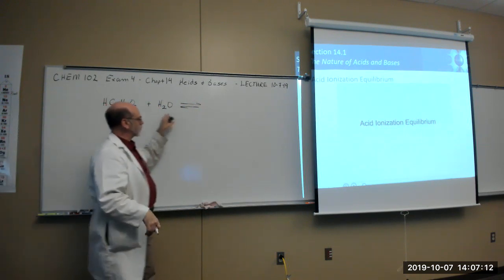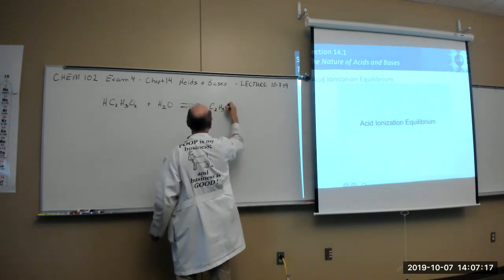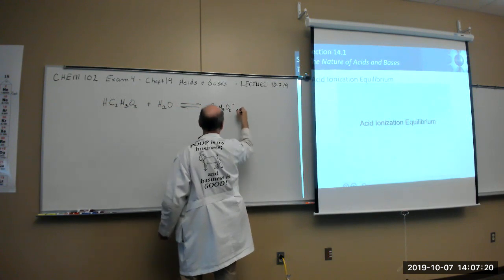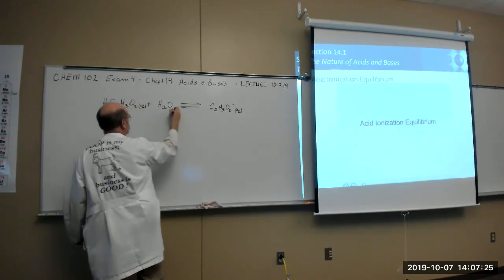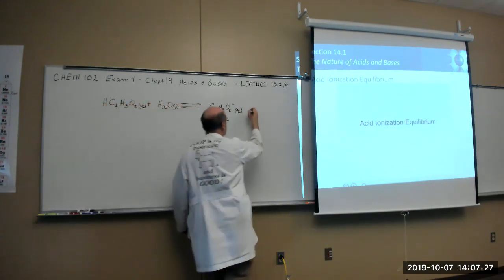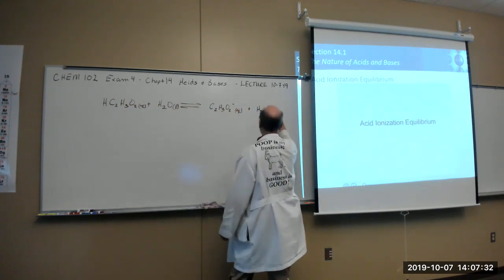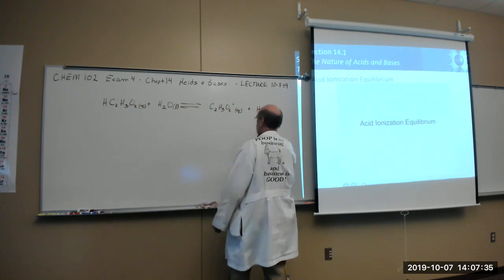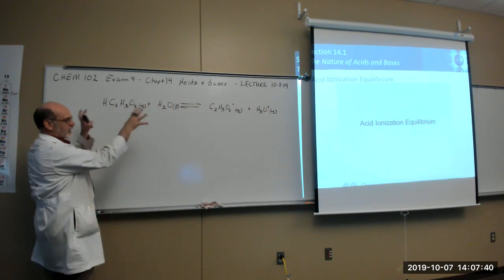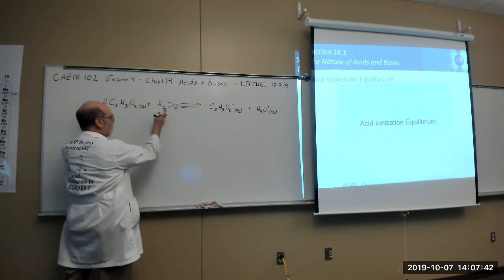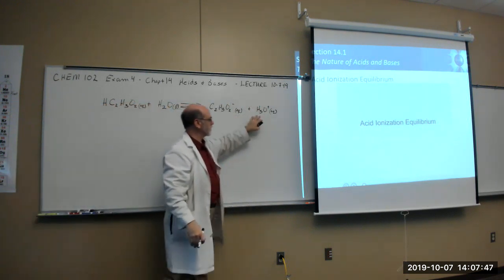It only partially reacts with water to produce a product over here, C2H3O2 minus, aqueous, plus the hydronium ion, also aqueous. The equilibrium, as we wrote it here, is predominantly on this side. It produces just a little bit of this and that.